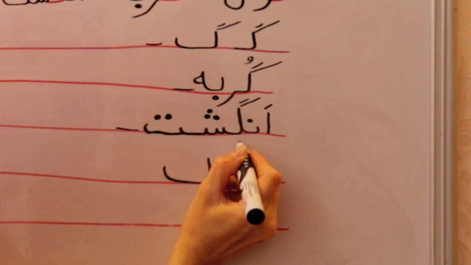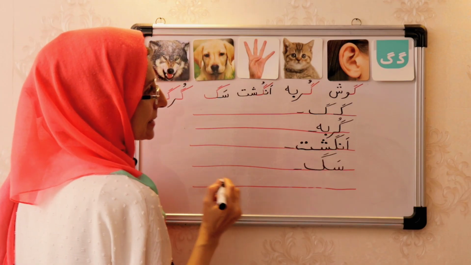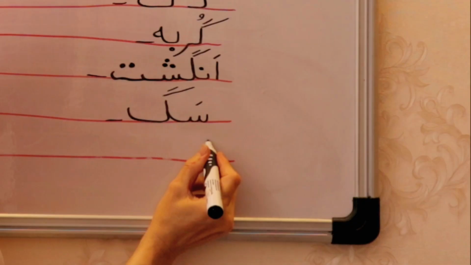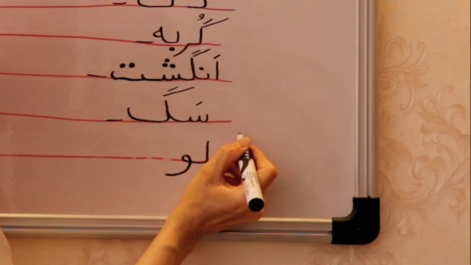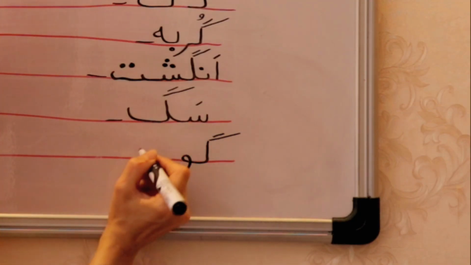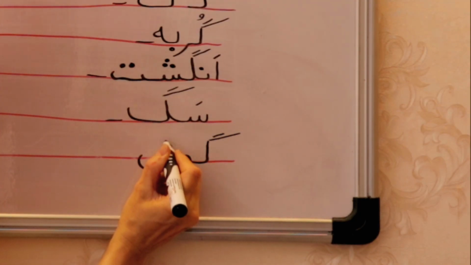And گوش. First write this, then U, then 2 lines for G and ش آخر.